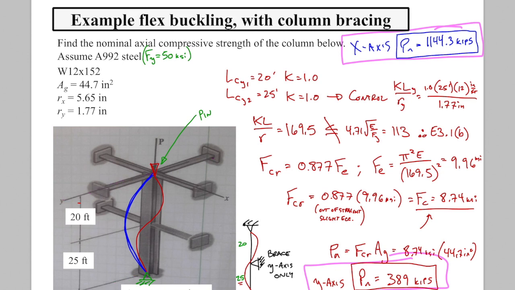But for y, we had a bracing point or a boundary condition at the top, at roughly the middle, and at the bottom. So we had two different y lengths, y1 and y2, that's here, and we needed to consider those. So I thought this was a nice example to show a sort of realistic version, and also how it looks as a stick figure. Okay, hope it helps. Thanks.